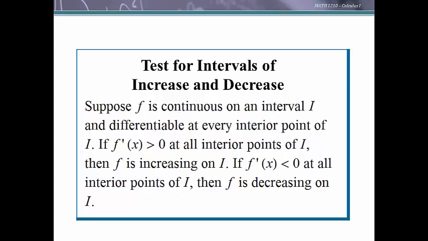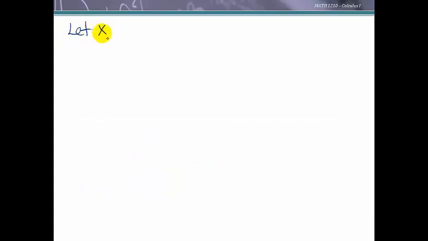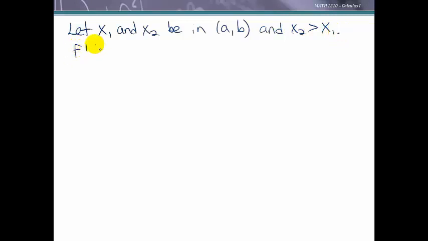We're going to prove this for the first case, and the second proof would be very similar. So we're going to assume that for all points on the interior, so on the open interval, the derivative is positive. It's greater than 0. We're going to let x1 and x2 be in the open interval from a to b, and x2 is going to be greater than x1. Well, we know that the derivative for x's on this interval is greater than 0.